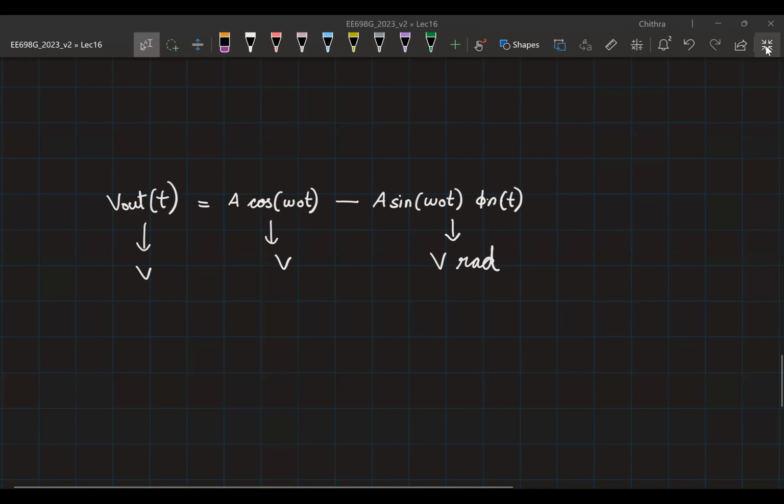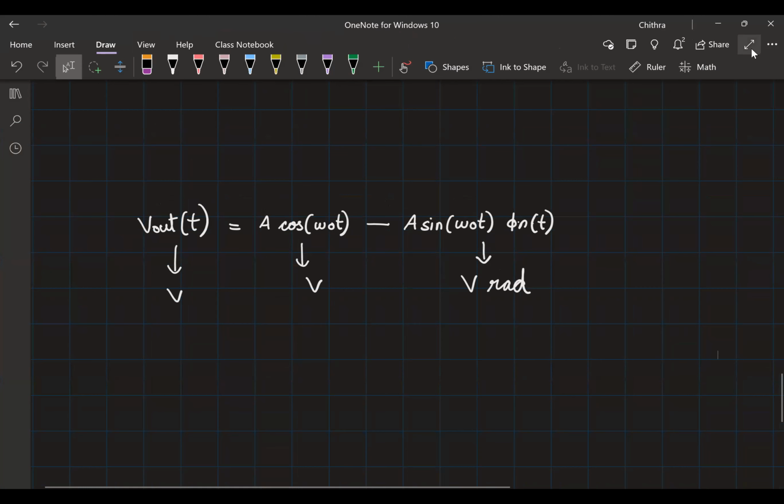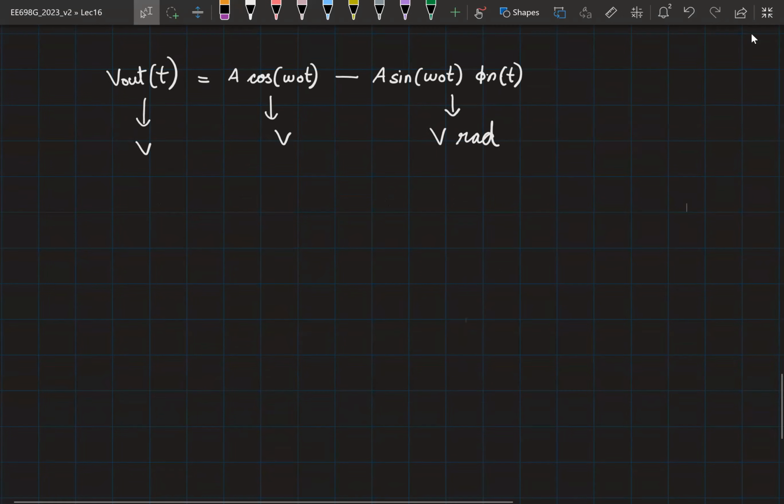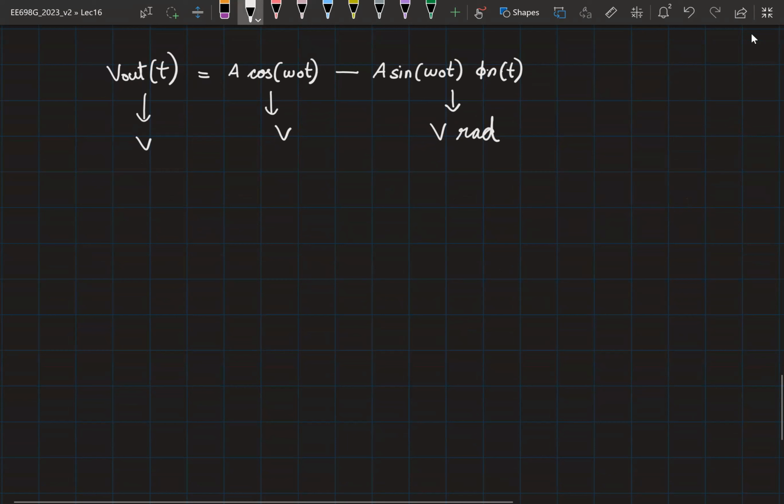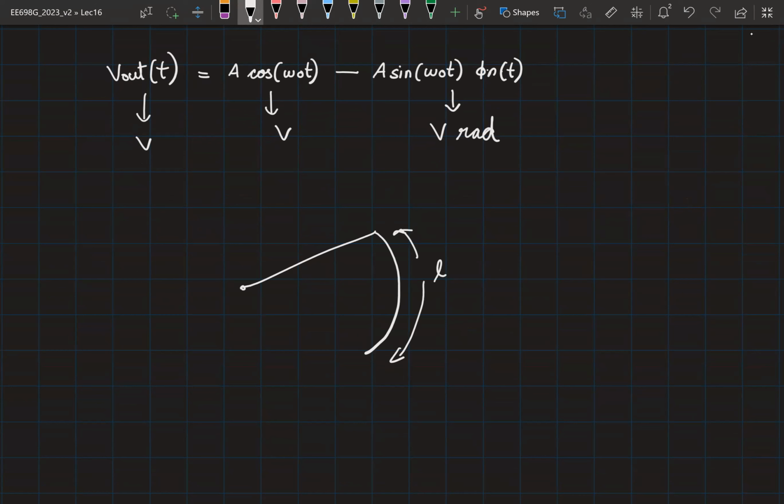So do you remember how radians was defined in the first place? So let's say you had an arc, right, which is part of a circle. And let's say this arc length is some L. And let's say this is the radius of that circle, of which this arc is part of.